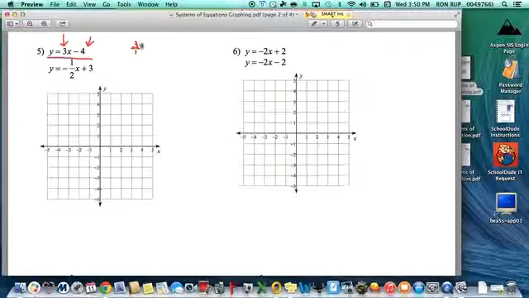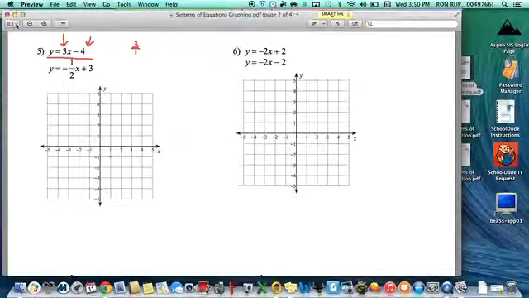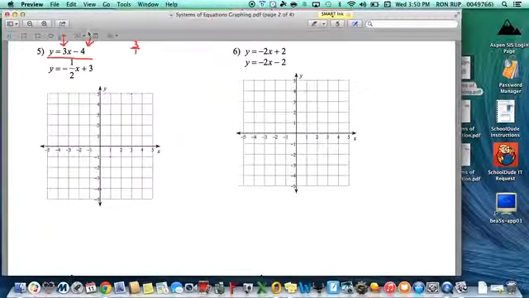So we're going to rise 3, run 1. 1, 2, 3, 1. 1, 2, 3, 1. We then connect our dots with a line.